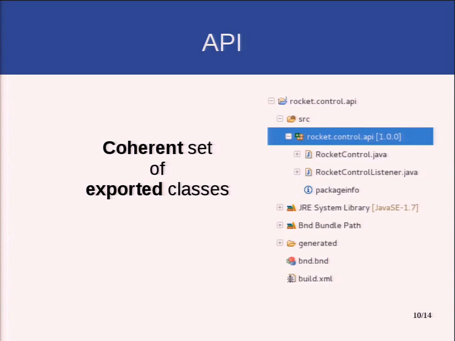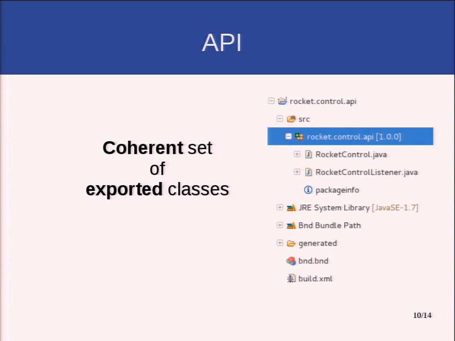Now, what is an API? This is very important, and it relates to provider types and consumer types. An API is a coherent set of exported classes. So I have a project here. It's a Rocket Control API. It has a package, Rocket Control API, that has a Rocket Control interface, which is a provider type because the controller of the rocket implements that. And we have a Rocket Control listener.